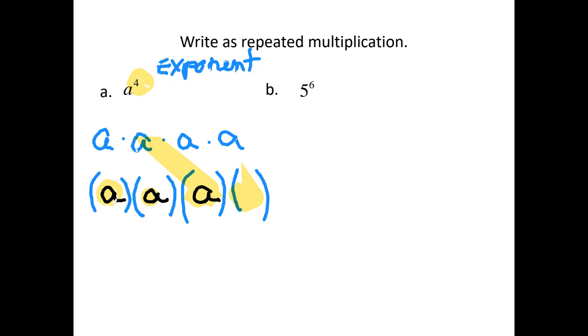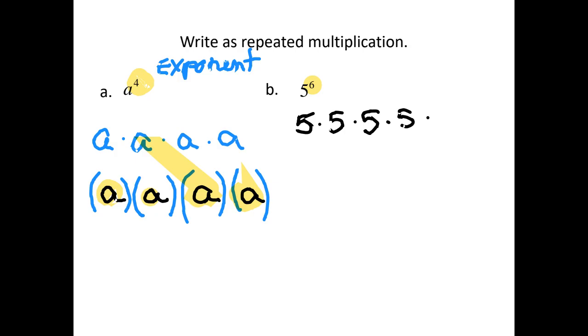Now the same thing happens here. Notice that we have this exponent up here. That's my 6. That means I am writing 5 times 5 times 5 times 5 times 5 times 5.